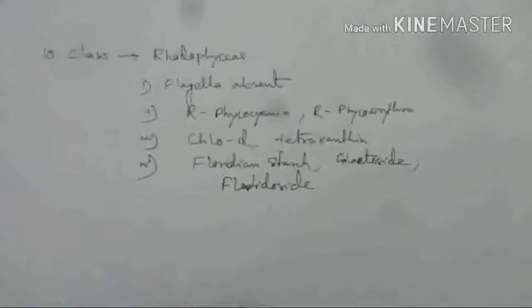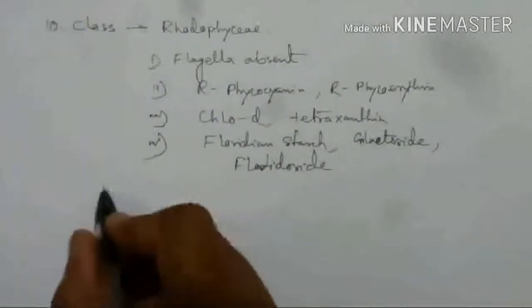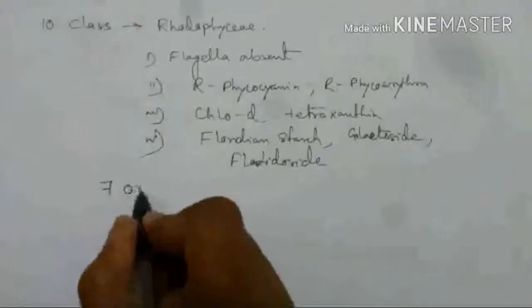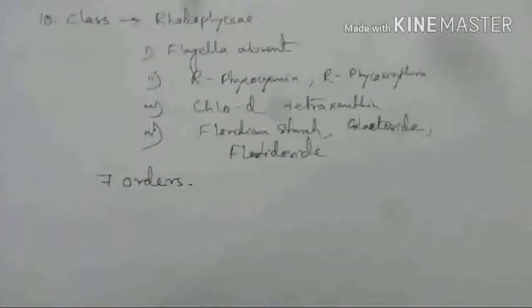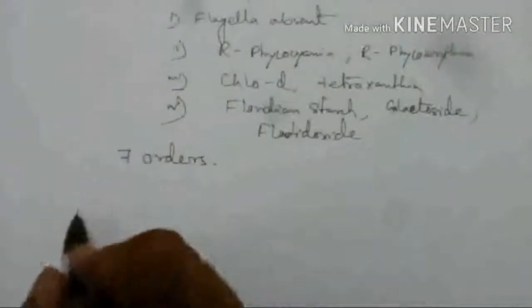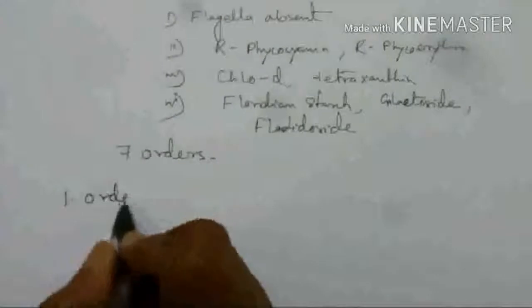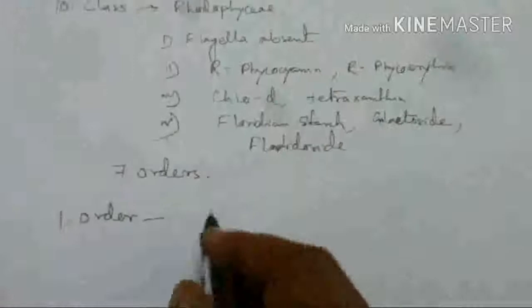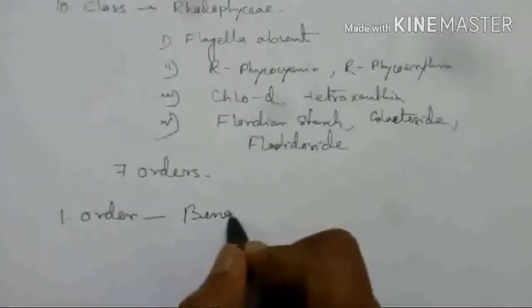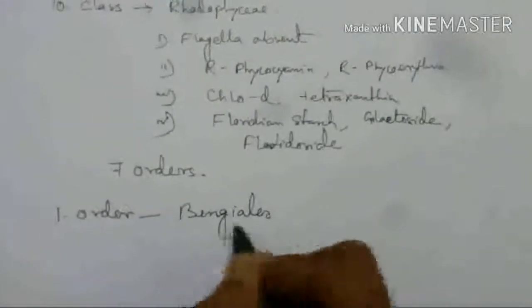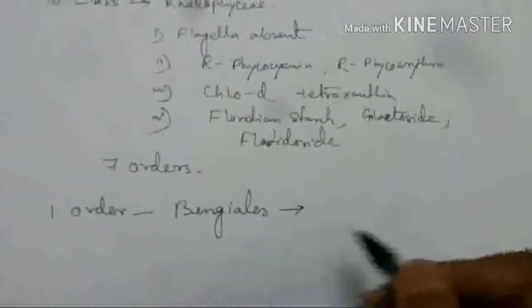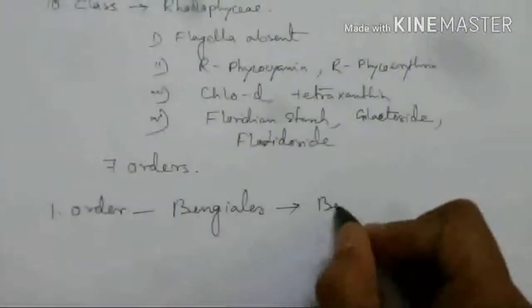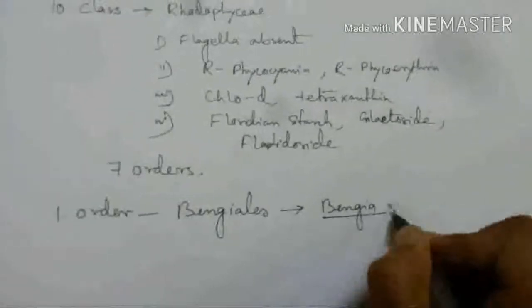Now this Rhodophyceae class is divided into a total of 7 orders. The first order is Bangiales, and the example of this order is Bangia algae.